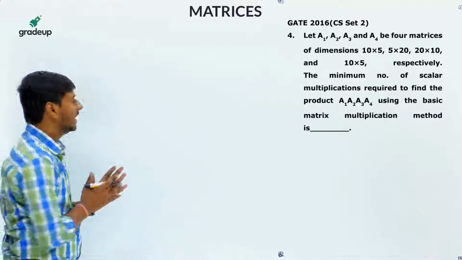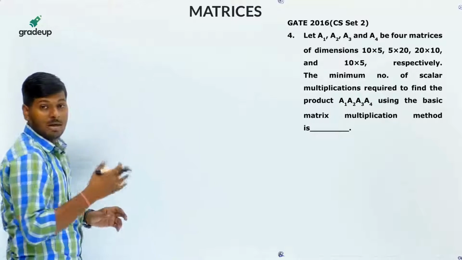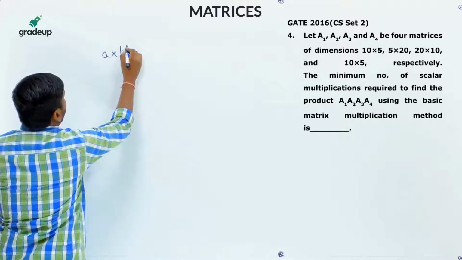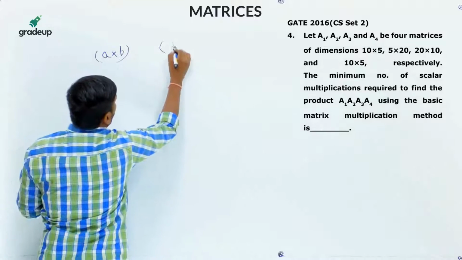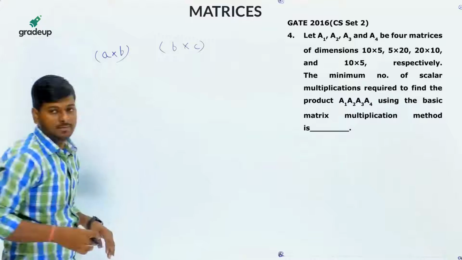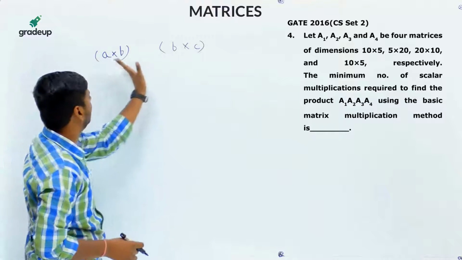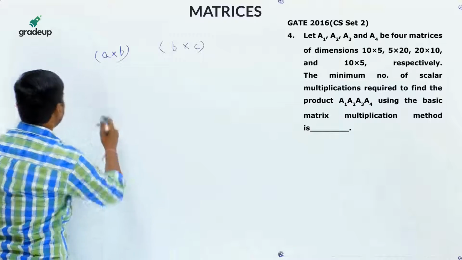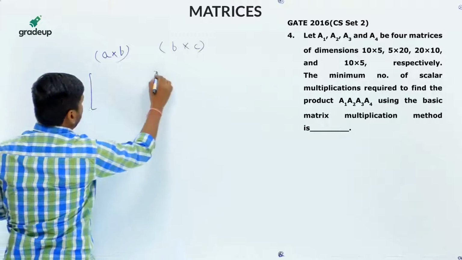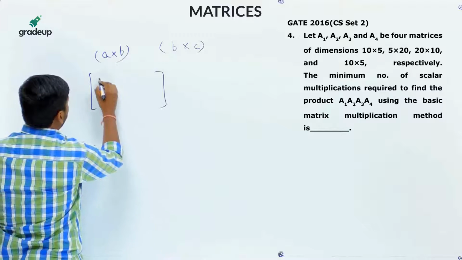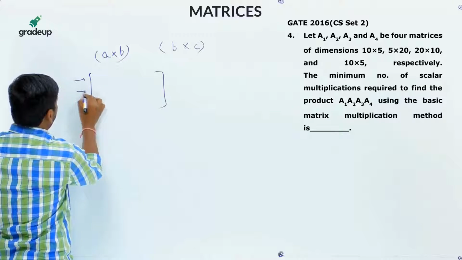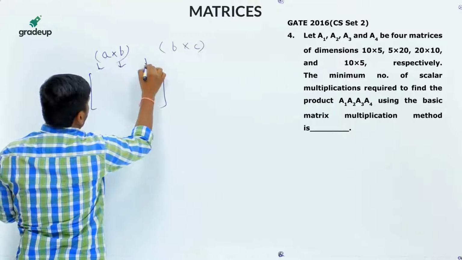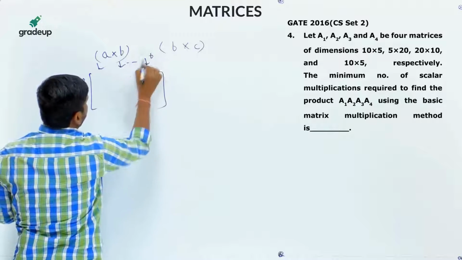First, let me tell you how many multiplications are required for multiplying a matrix A into B with B into C. First we will see the minimum number of multiplications required to multiply these 2 matrices. So the A into B matrix has A rows and B columns.